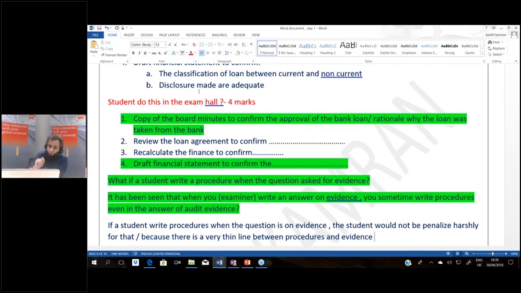Now, if I go back to the student who wrote 4 points and I look at the examiner question answer session, which has been done the last year.